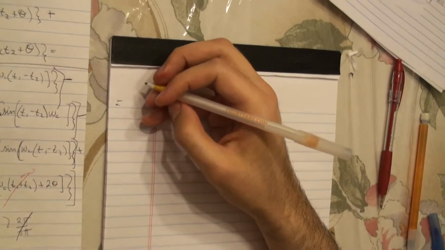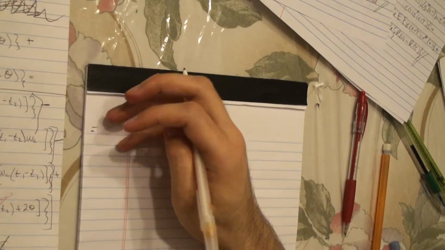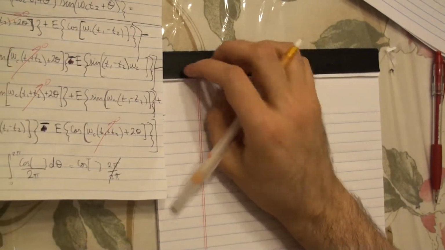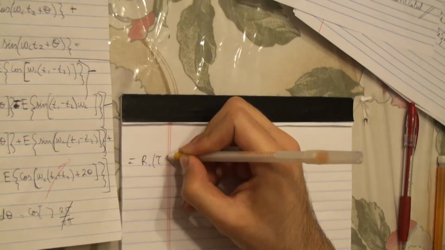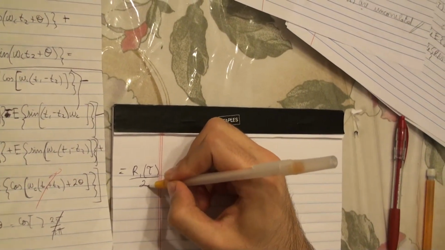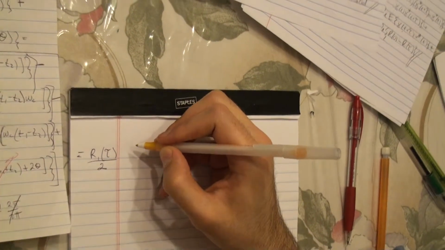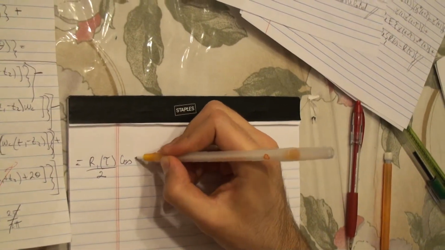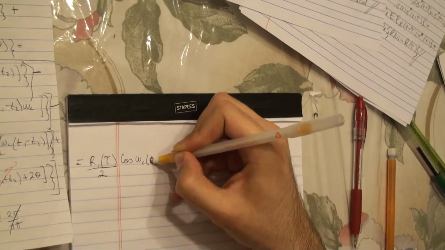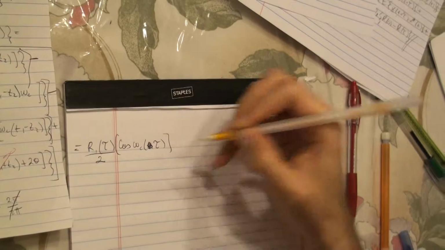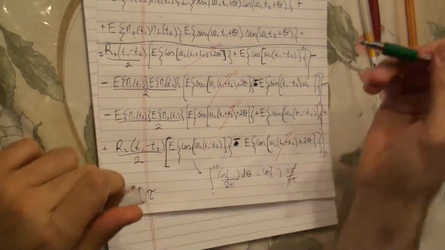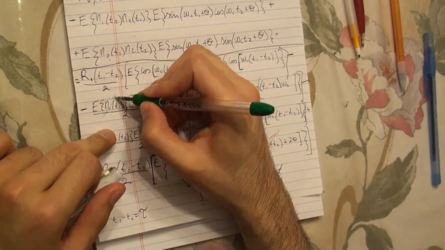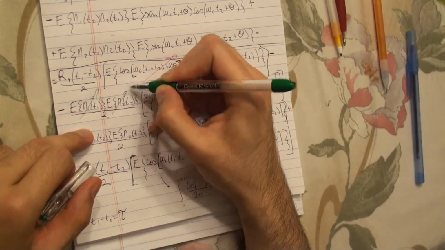So, we get R1 of tau over 2 times, we just have the cosine omega c t, this should just be tau, minus, now in the beginning we called the expected value of n1t, we just called that eta 1, and we call this guy eta 2.